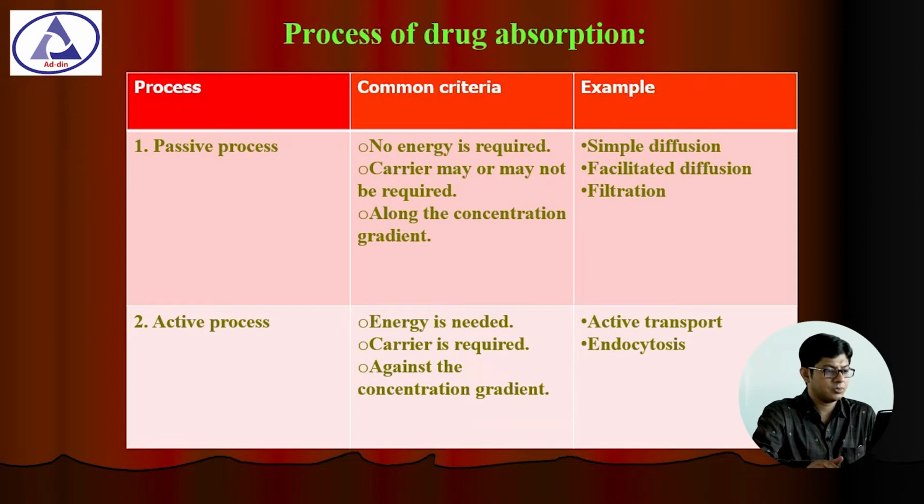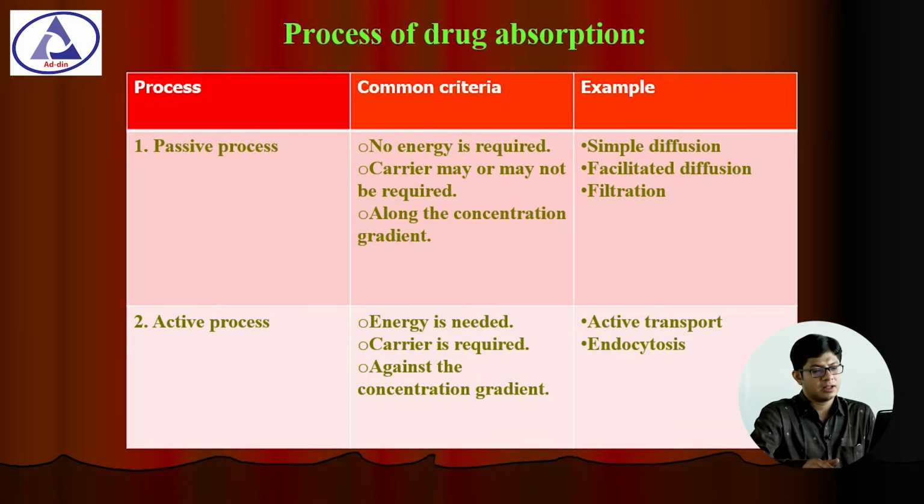Now, we come to the passive process. The common criteria of the passive process: no energy is required, a carrier may or may not be required, and it goes along the concentration gradient. So, it is a downhill process. Examples of passive process are simple diffusion, facilitated diffusion, and filtration or aqueous diffusion. Most drugs are absorbed by simple diffusion.